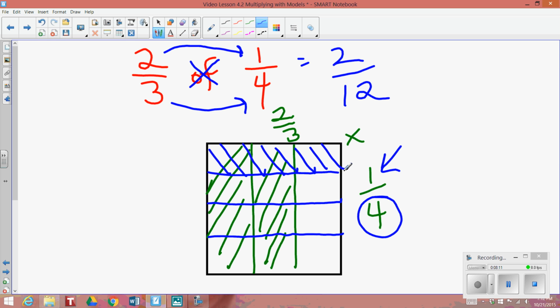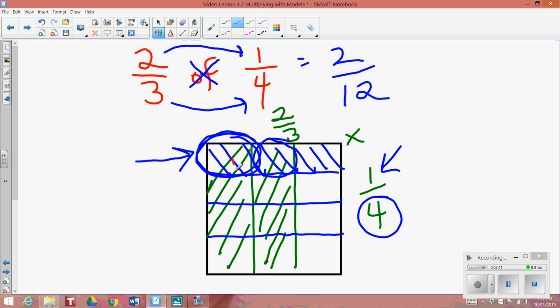And the answer is where the two colors overlap. When you're taking 1/4 of the 2/3, or 2/3 of the 1/4, you'll see we have 2 pieces that overlap, which matches our 2 in the numerator of 2/12. Where does the 12 come in? Well, when you noticed, when I cut the square into thirds and then cut it again into fourths, these little square pieces here are not equal to thirds or fourths.